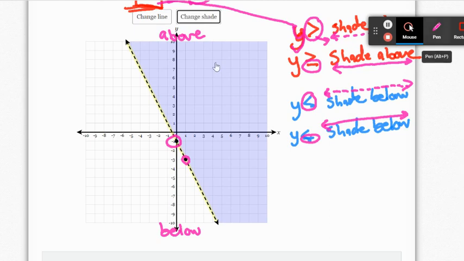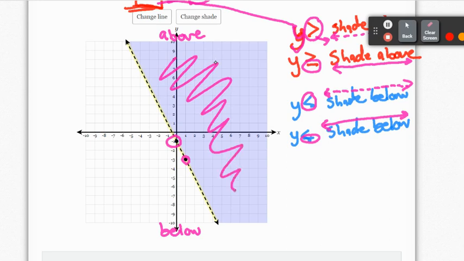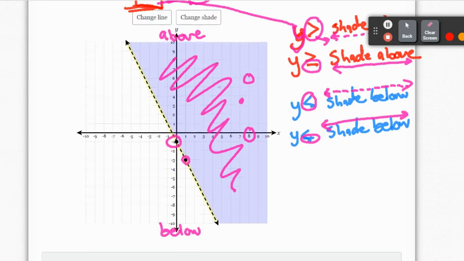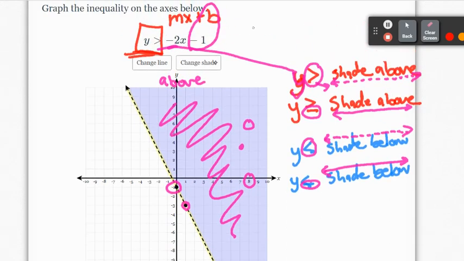The solution set means that everything that's shaded, any coordinate, any spot that I pick, like this dot, 8, 6, I could plug in here and it would make a true statement.